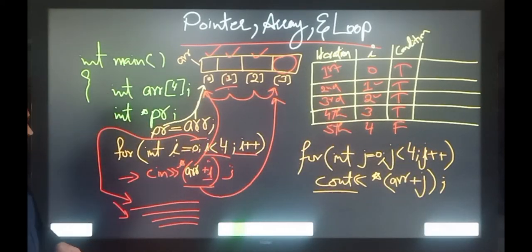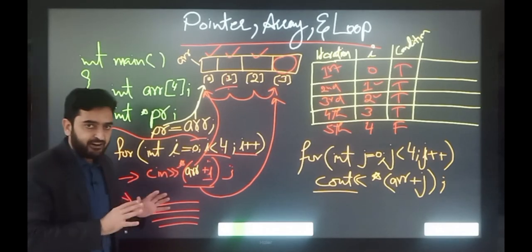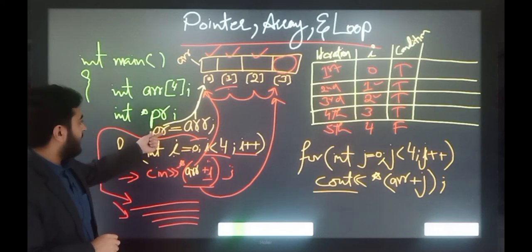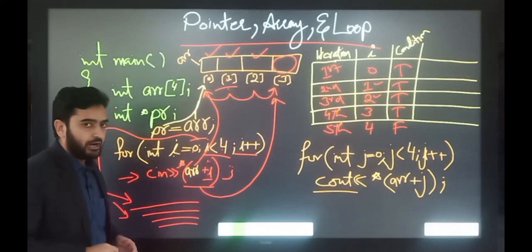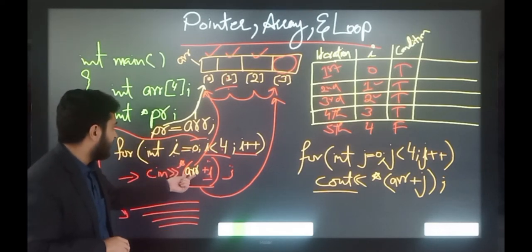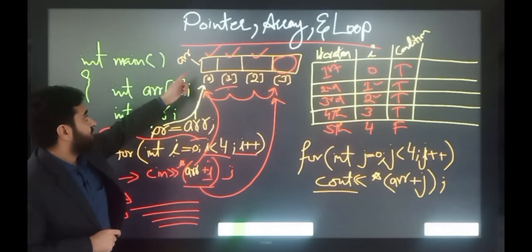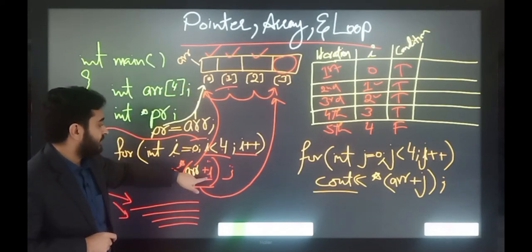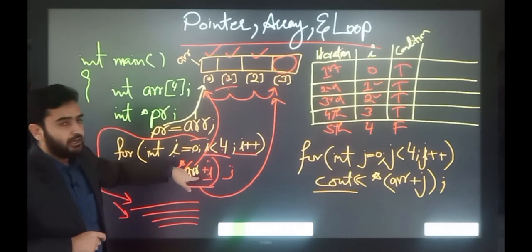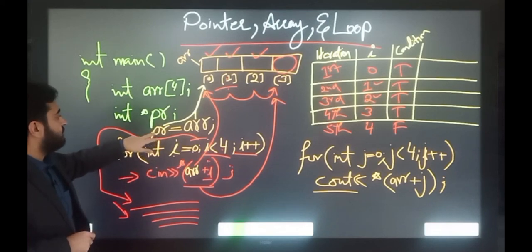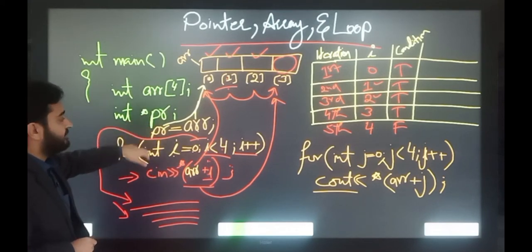Okay, so there is no difference between using ARR, the name of the array, and the pointer. So it's up to you. This is also referring to the first location, and if you want to increment it, you can increment it by adding a value to that address, as we have done with the pointer variable.